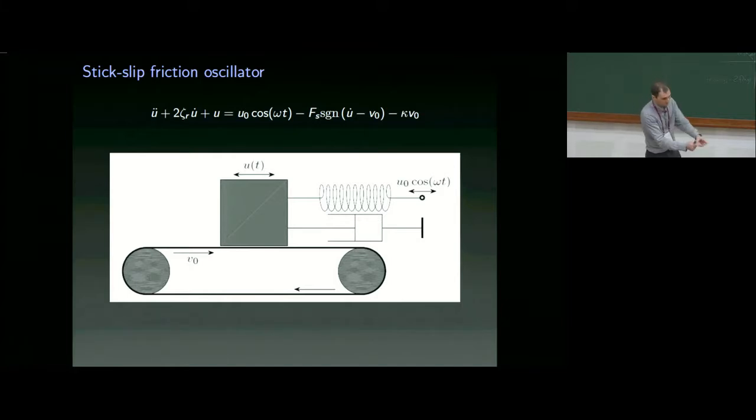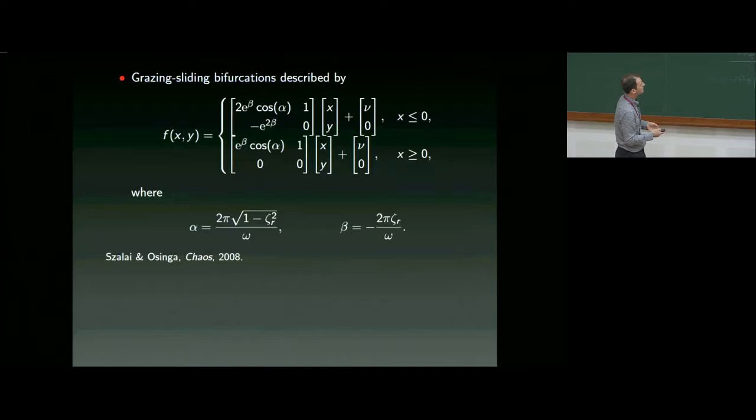So a fixed point in the map would correspond to an oscillation, a limit cycle, in this system. Okay, so for certain parameter values, this is what the map gives you. You have to be near a so-called grazing-sliding bifurcation. I won't say what those are now, but they were in the summer school. You'll know all about them.